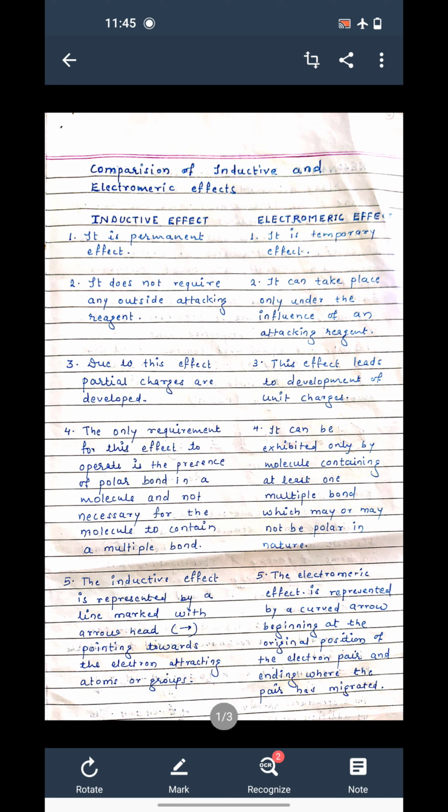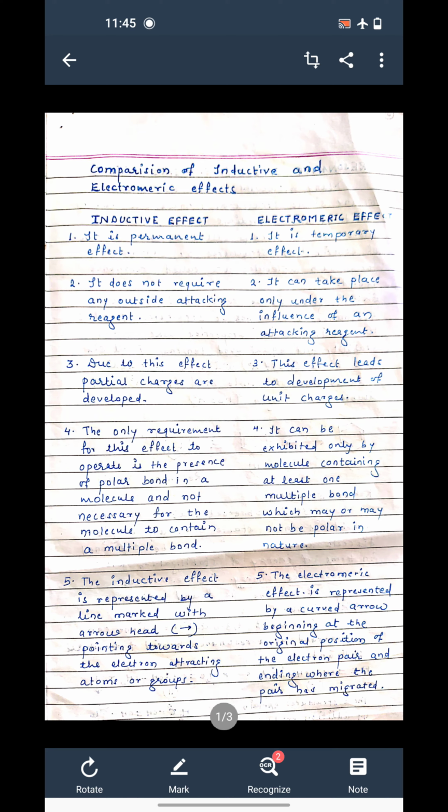In the inductive effect, partial charges are developed, and in the case of the electromeric effect, unit charges get developed. For the inductive effect to operate, we need only a polar bond in a molecule, and it is not necessary for the molecule to contain a multiple bond.